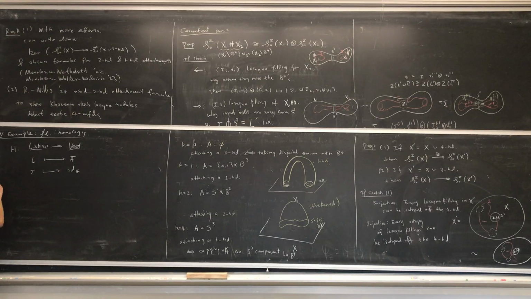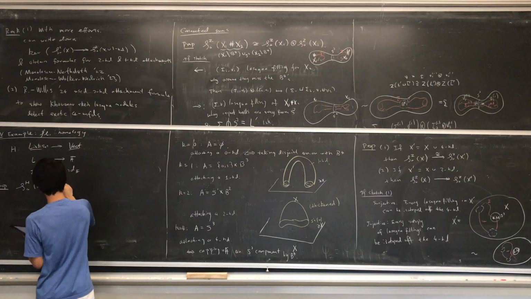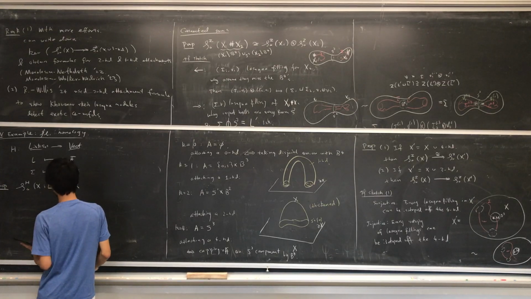And you can import this into the skein lasagna module package, so that in the end the resulting invariant for a pair X, L is going to recover some second homology.